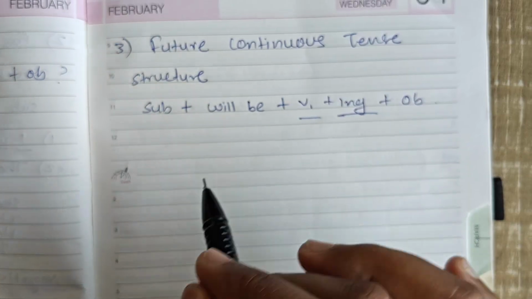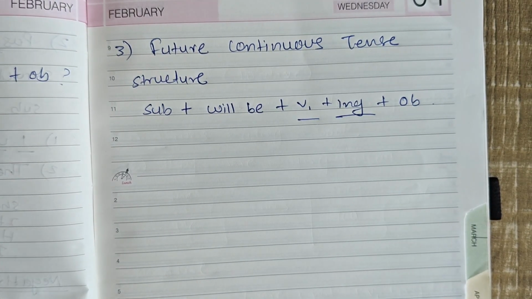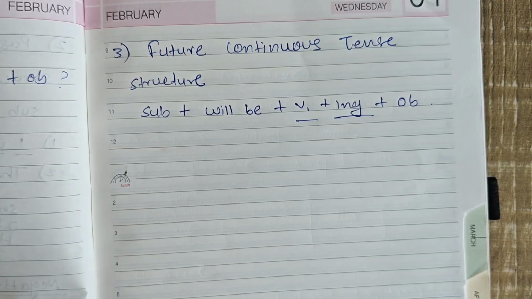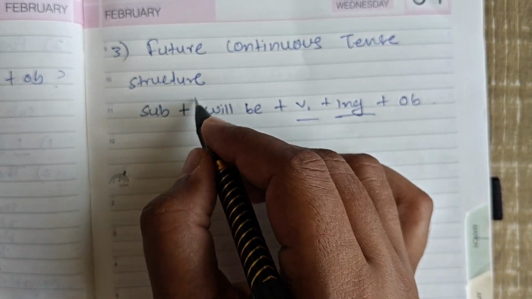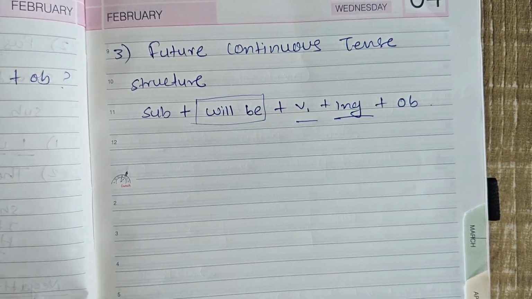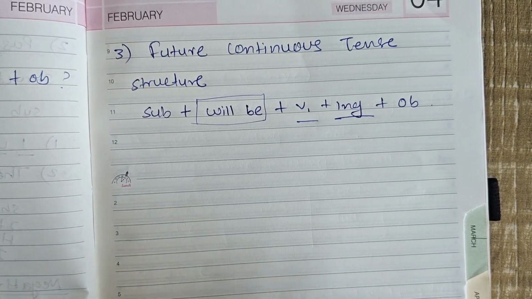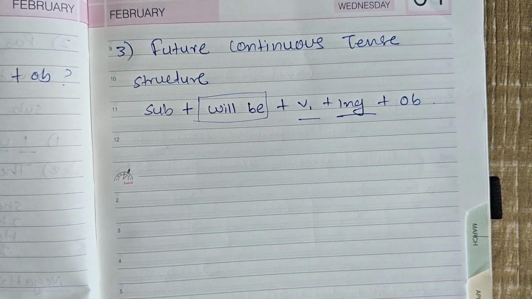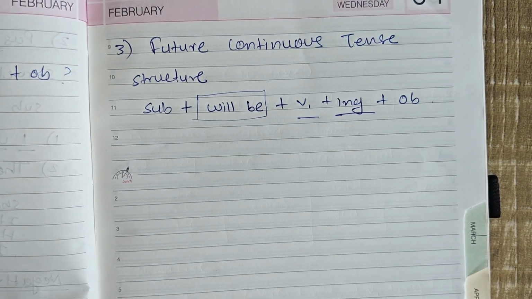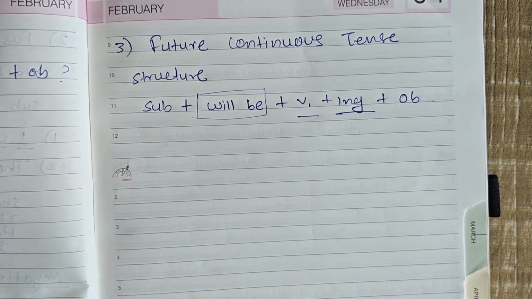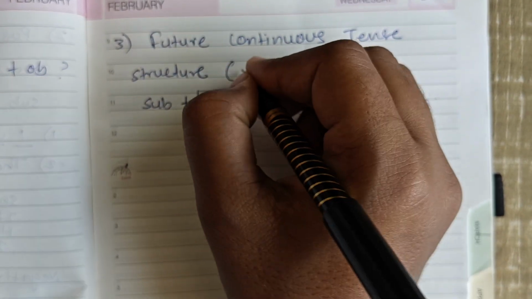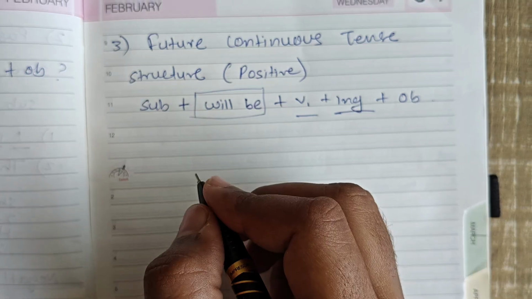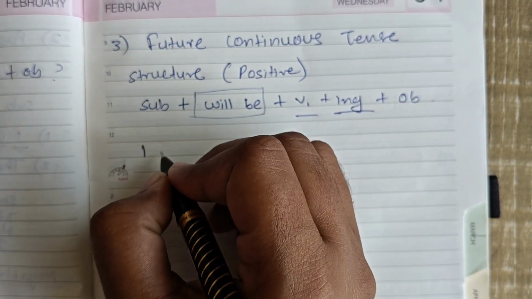We saw that in present continuous tense and past continuous tense also; we just replace the helping verbs and the remaining structure is the same. Here we use will be as the helping verb for the future continuous tense. This structure is for positive sentences.